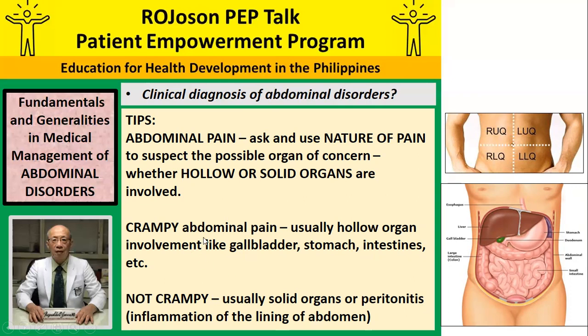A crampy abdominal pain usually connotes that the pain is coming from a hollow organ, like the gallbladder, stomach, intestines, etc. If the pain is not crampy, usually it is a solid organ or peritonitis, which just means an inflammation of the lining of the abdomen.